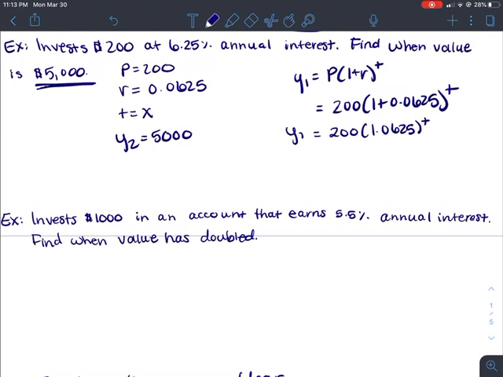So you're going to plug y1 and y2 into the graph and find where it intersects. That's going to give you a value of 53.09 years, or about 53 years. You just round it. So it takes 53 years for this account of $200 at 6.25% annual interest to reach $5,000.